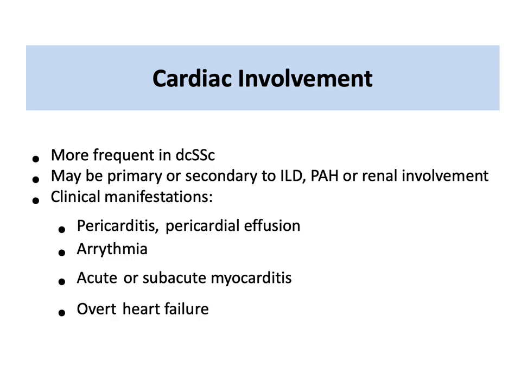Cardiac involvement in scleroderma is more frequently seen in diffuse scleroderma. It may either be primary or secondary to pulmonary complications such as ILD, PAH, and/or renal involvement. So the clinical manifestations more prominently involve the myocardium and the pericardium of the heart.